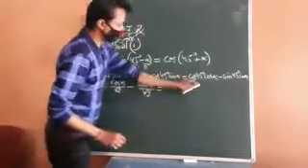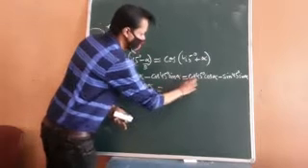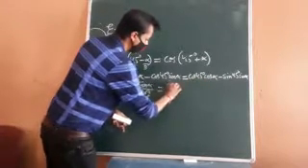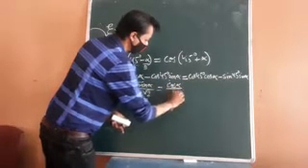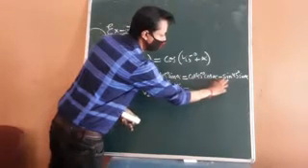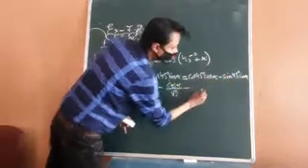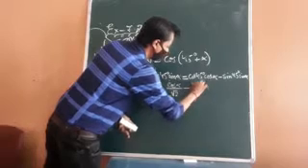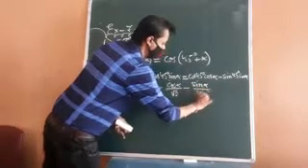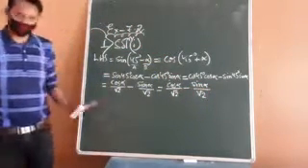Equal to cos 45 degree, again it is the same, 1 by root 2, into cos alpha is cos alpha by root 2, minus 1 by root 2 into sin alpha, sin alpha by root 2. This part okay?